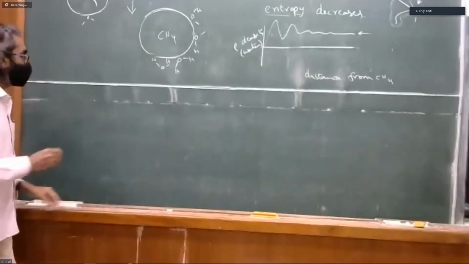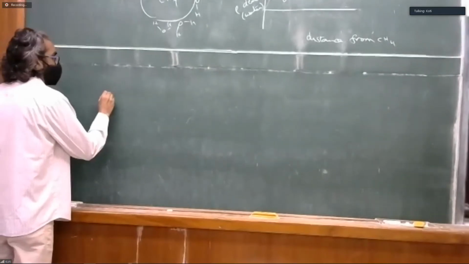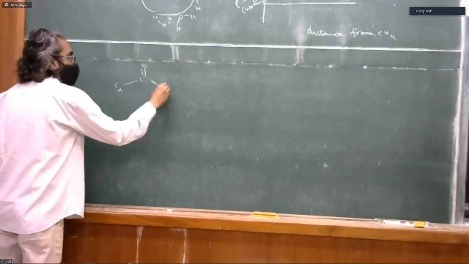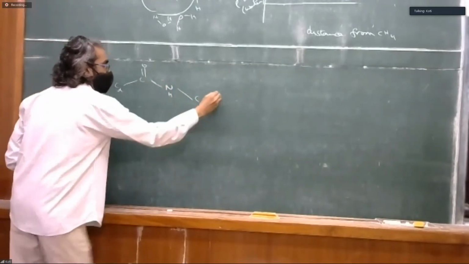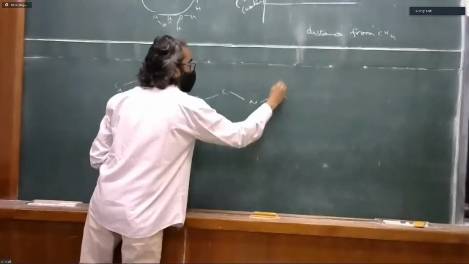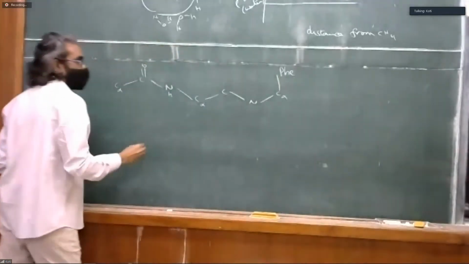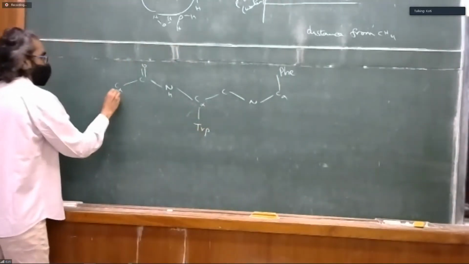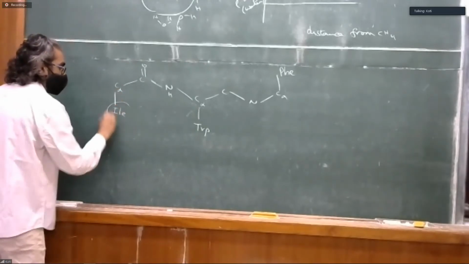In proteins, let's say you have a side chain, C alpha, CO, NH, then C alpha, etc. Let's say you have a phenylalanine, a tryptophan, an isoleucine.